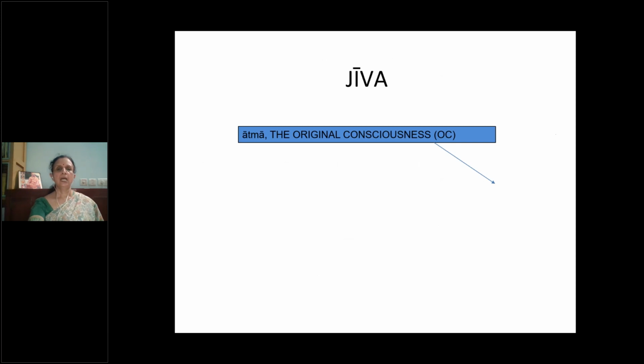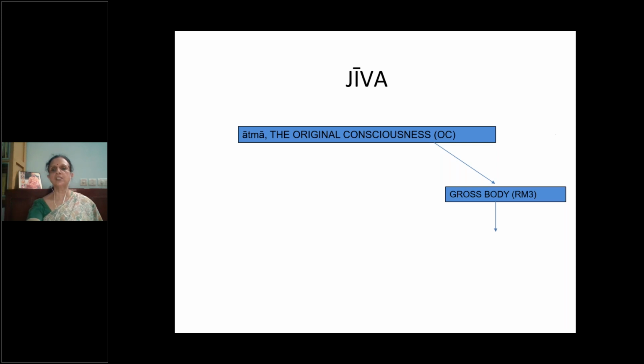Now, Atma, the original consciousness, is Ekam, I said, and I also said that each of the Shariratrayams is blessed by this Atma, the original consciousness. Now, there is an original consciousness. Imagine that the gross body is like a mirror. When I say gross body, it is Sthula Shariram, right?